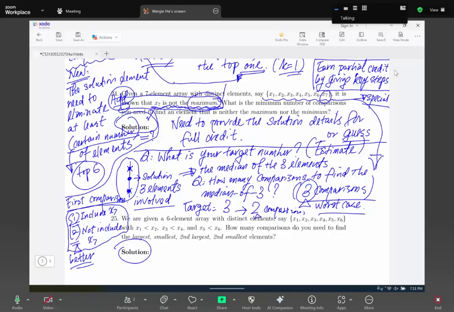X7 already contains some useful information. Then you do one comparison with partial known. Yeah, we call X7 has partial known information. The other element is completely unknown, but X7 has partial known information.